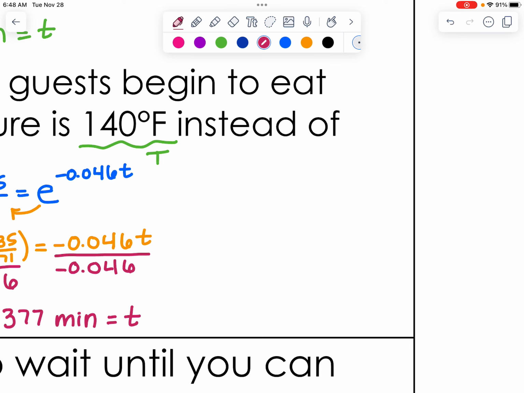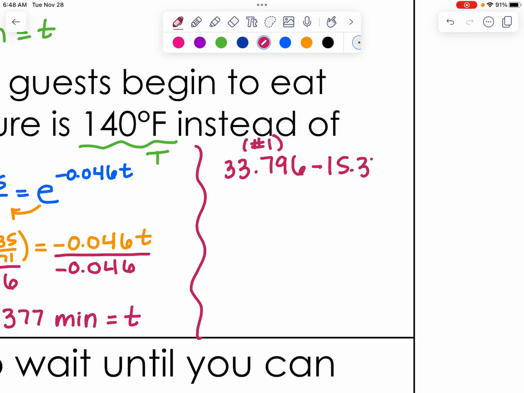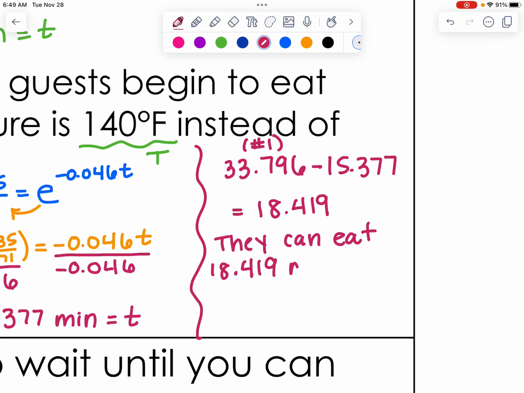So if I were to subtract 33.796 from problem number 1, minus the 15.377 that we just found, I get 18.419 minutes. So they can eat 18.419 minutes sooner.